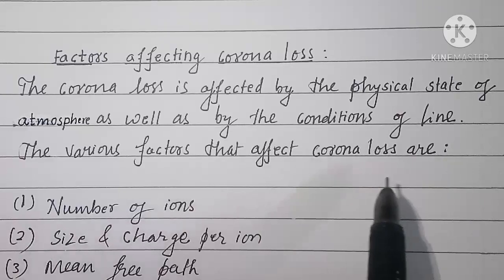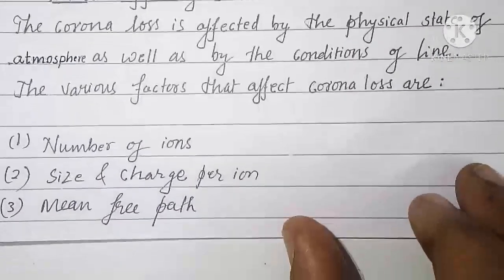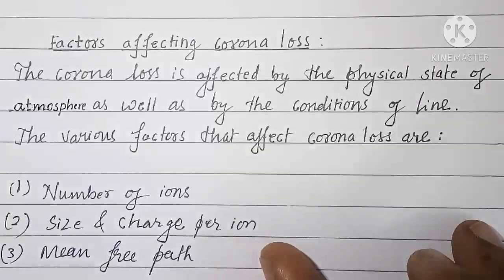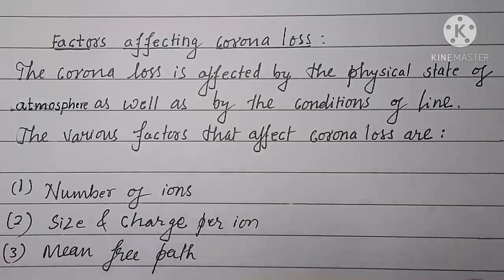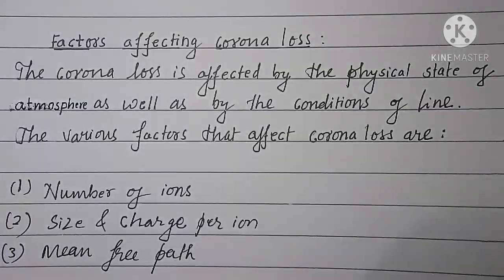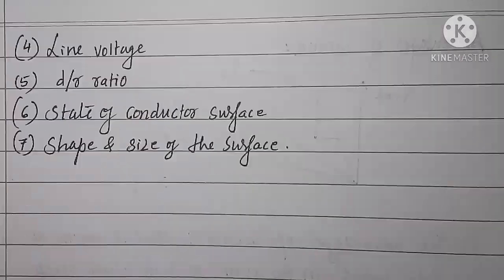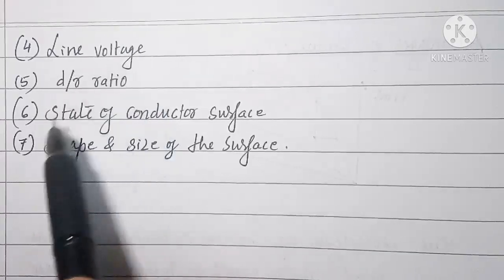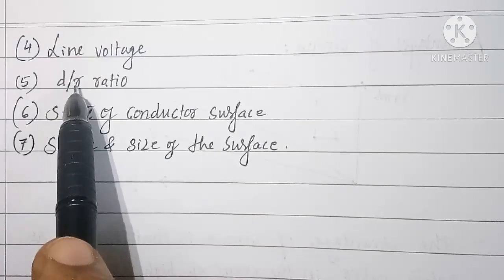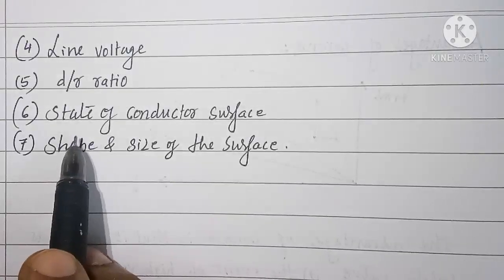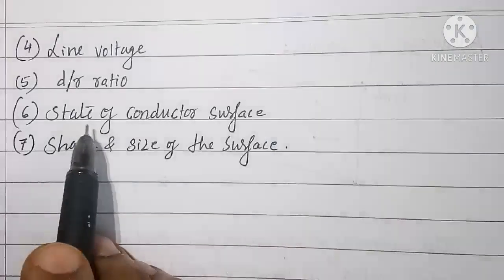The various factors that affect corona loss are, we have already studied these, but we are just listing them here: number of ions, size and charge per ion, mean free path available for ions, line voltages, ratio of distance between the two conductors to the radius of conductor, state of conductor surface, whether it is clean or unclean.